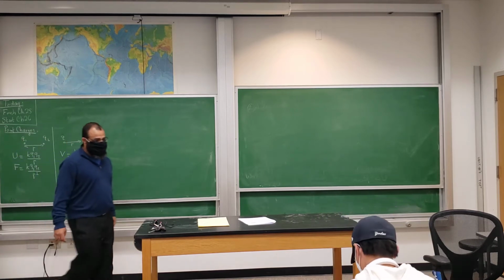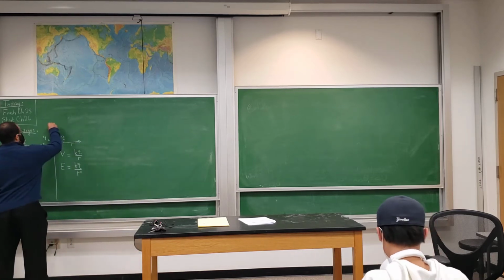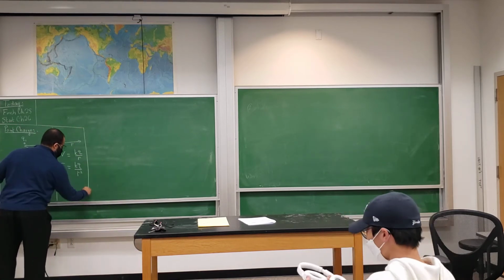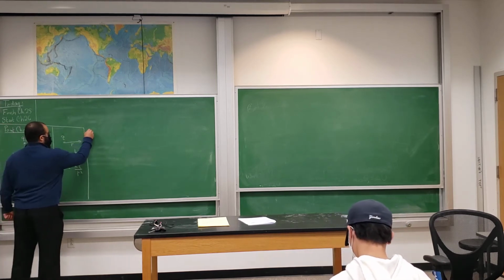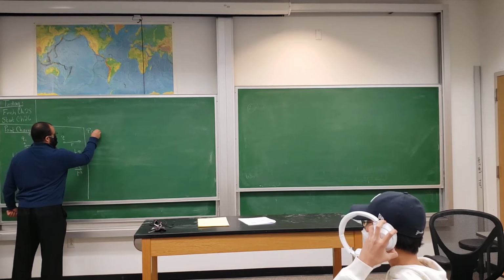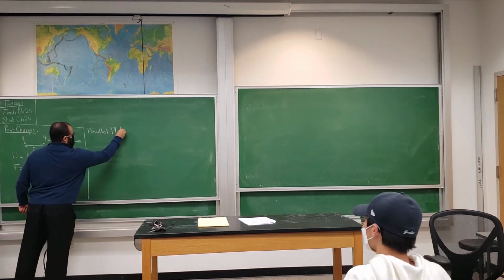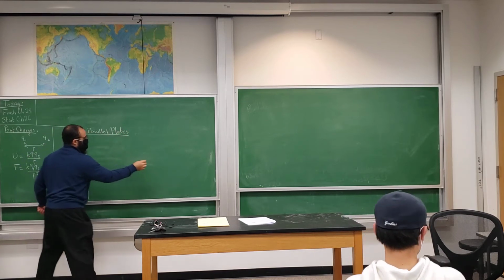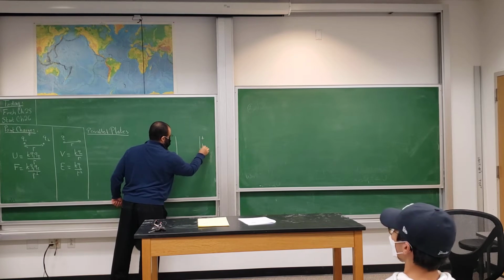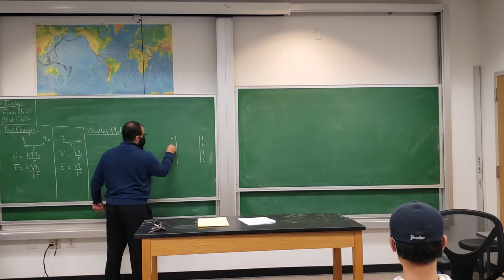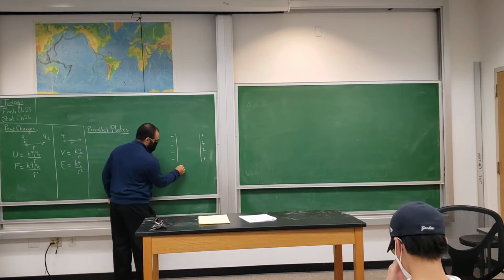So that was that. And then for parallel plates, this was for point charges. For parallel plates, they look like this. You have a plus plate, a minus plate, and they're separated by a distance d.